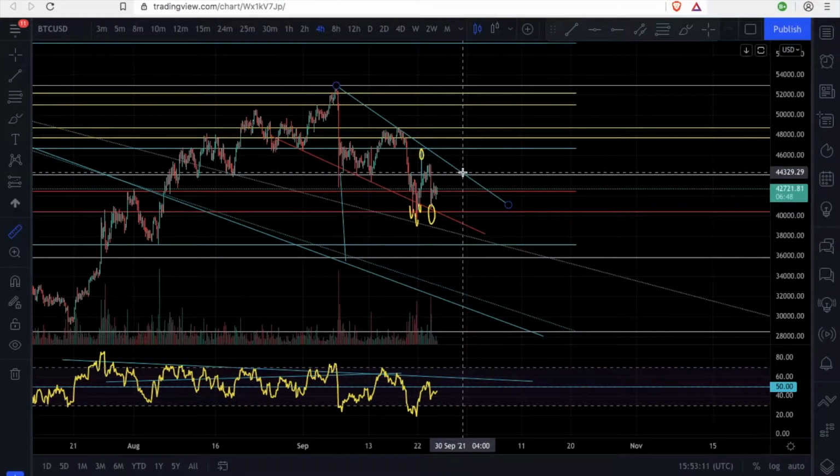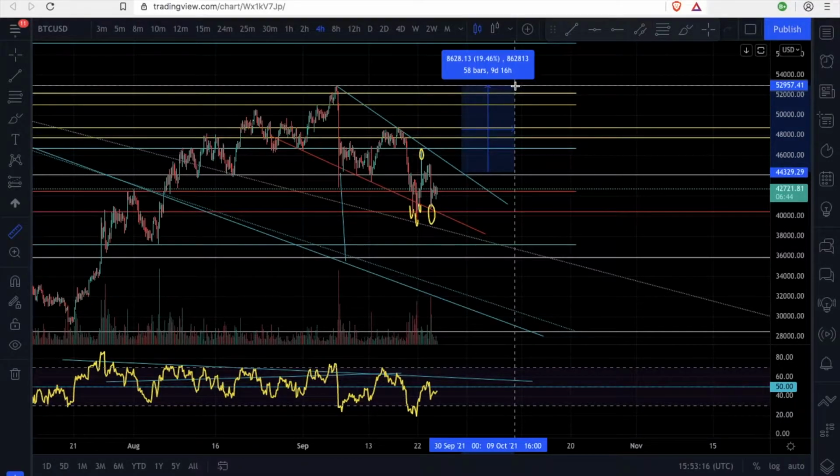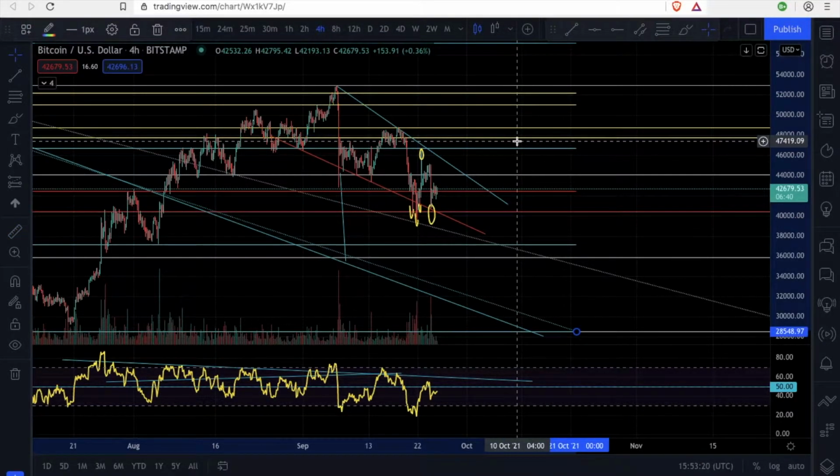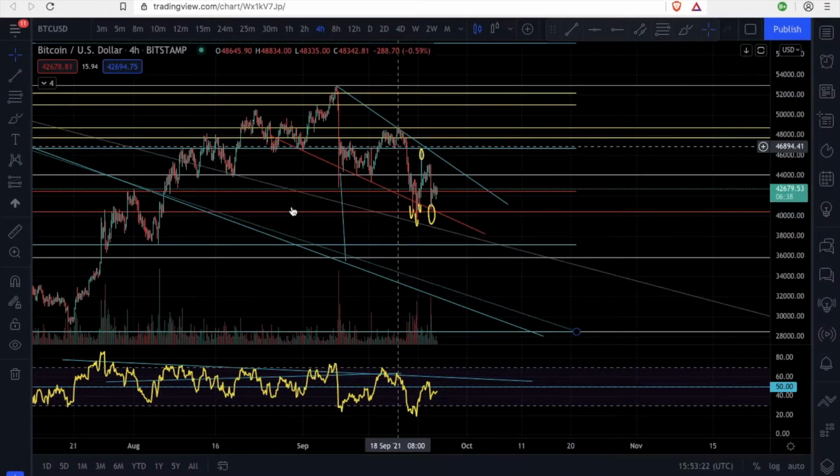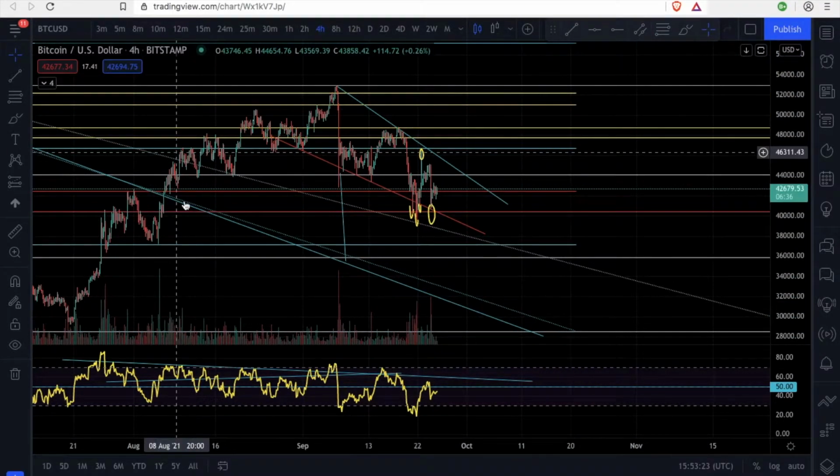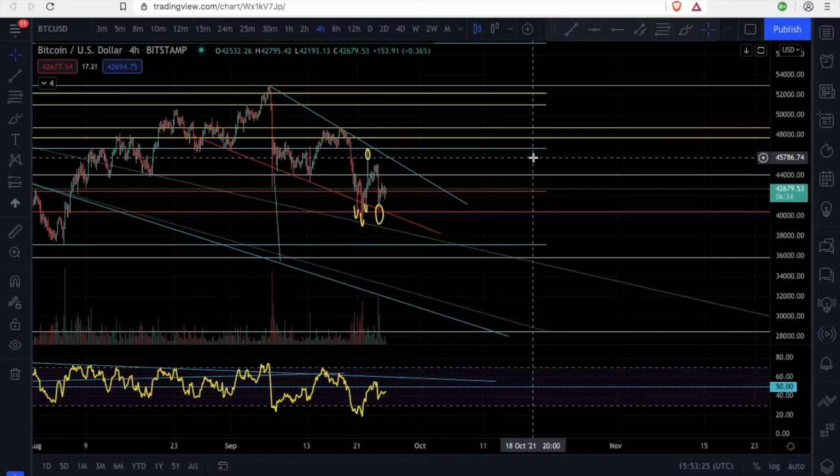From the breakout from here, assuming it's going to be here most likely, it would be around a 20% gain, and that would be a big trade. 20%, wow, that's very awesome.